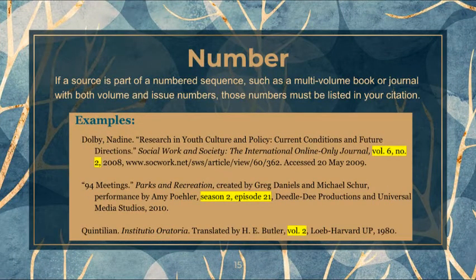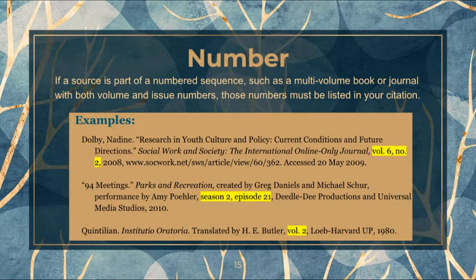Now, numbers will be another element that you will want to make sure you're referencing when you're citing a multivolume book or a journal with different volume and issue numbers, because this helps to make your citation more specific and more accessible for your audience and your reader. So, below we have three examples.